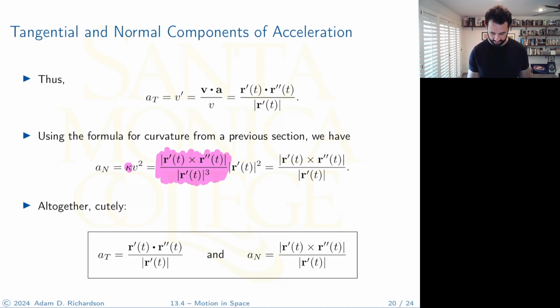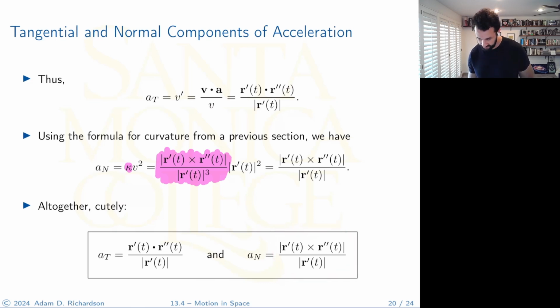And then v squared is just the length of r prime squared, right next to it. Well, if we've got 2 factors of the length of r prime here and 3 factors of the length of r prime down here, we can cancel 2 of them and we're just left with 1 of them. So this is kind of a cute result. Altogether, this is the formula for the tangential component, and this is the formula for the normal component.